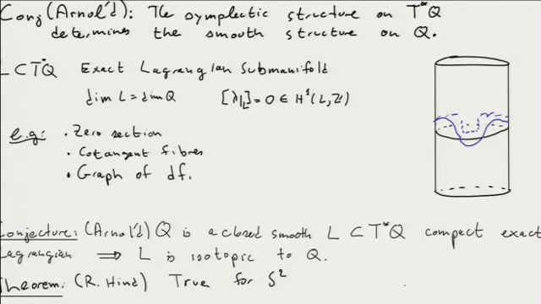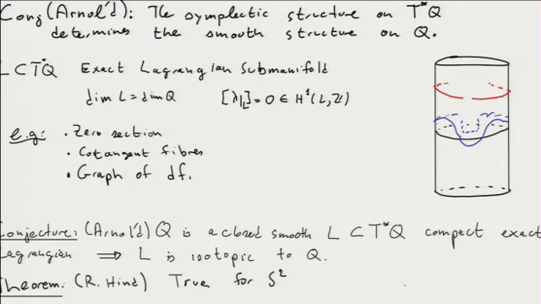So, okay, let me draw something that is not exact, just to make the point even clearer. Yeah, there we go. This will work. So if you take something which is raised off the zero section, then that will not be exact.